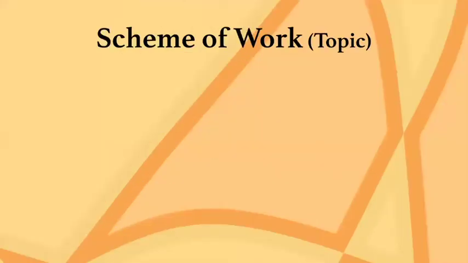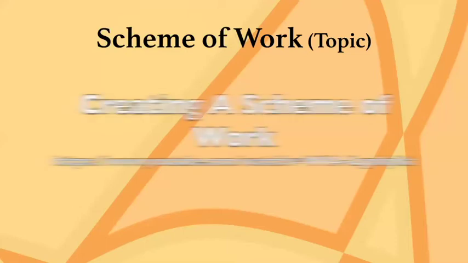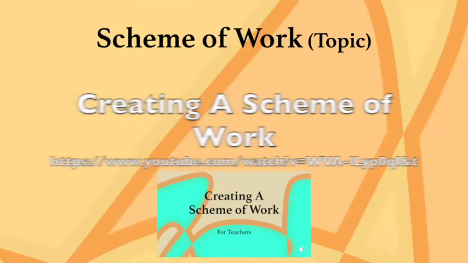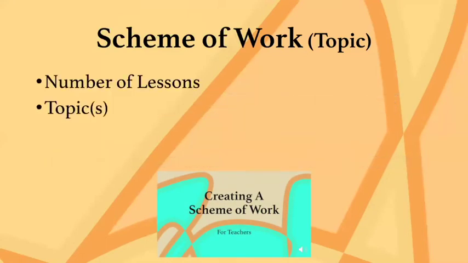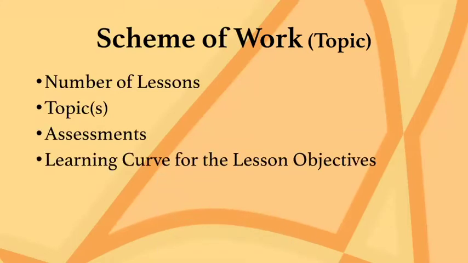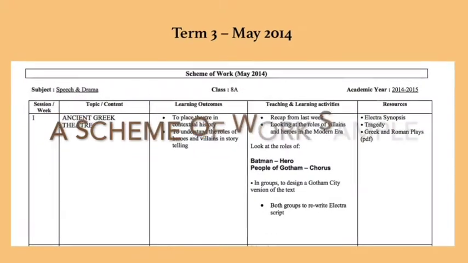Now, the scheme of work, which we went into in another video, will tell you the number of lessons, what the topics are, the assessments, and the learning curve for those lesson objectives, which is laid out from class to class.